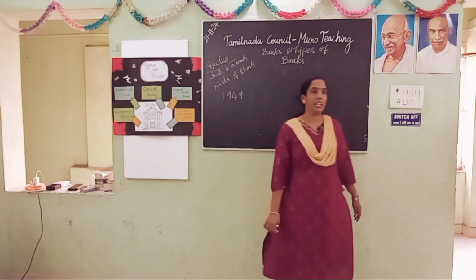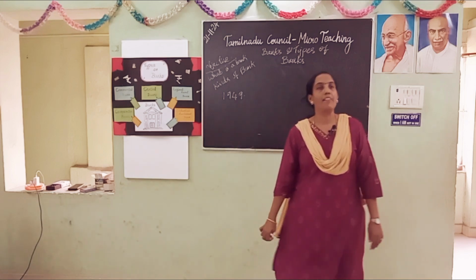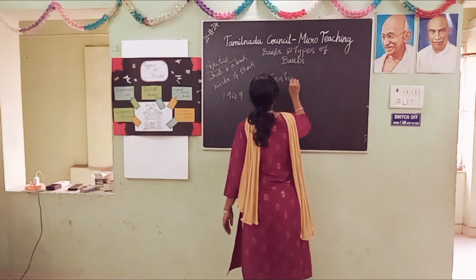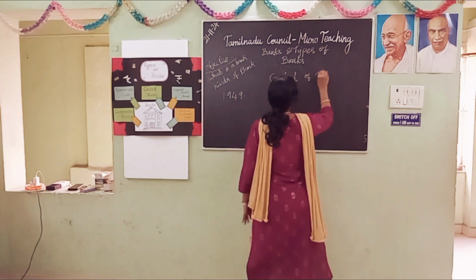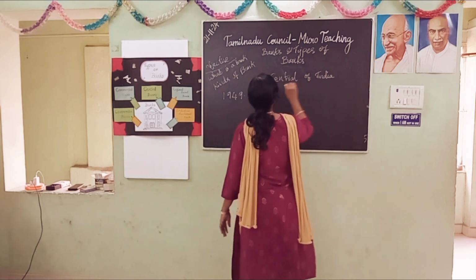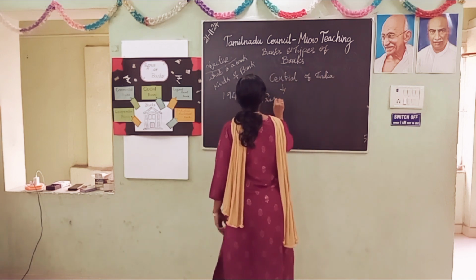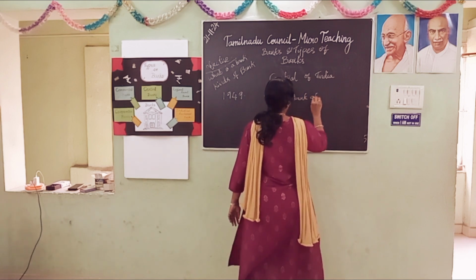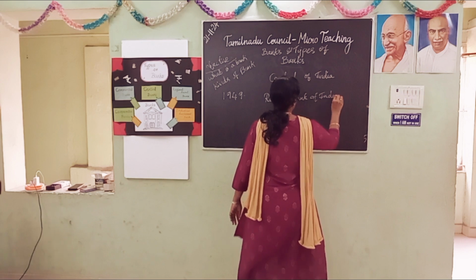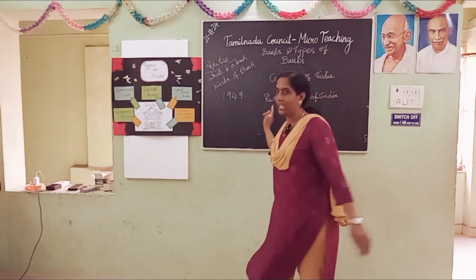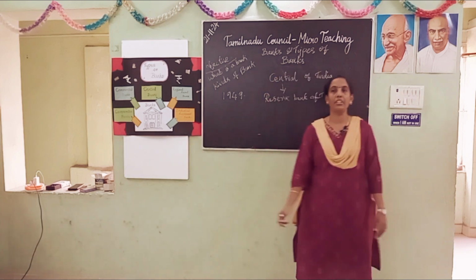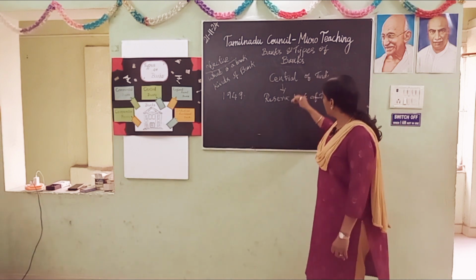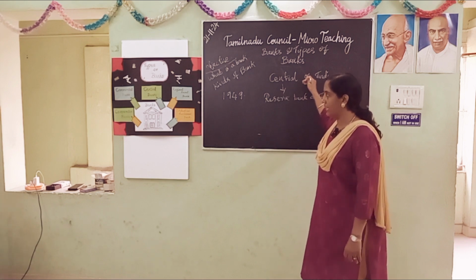Each and every country has a central bank. The central bank of India is nothing but the RBI. I hope you have all heard about the Reserve Bank of India. Only the Reserve Bank of India has the right to issue currencies, and it acts as the central bank for India.